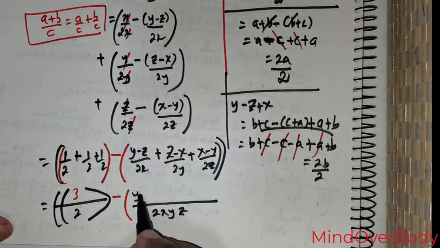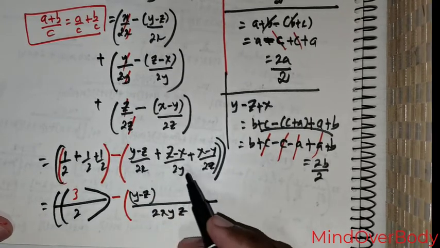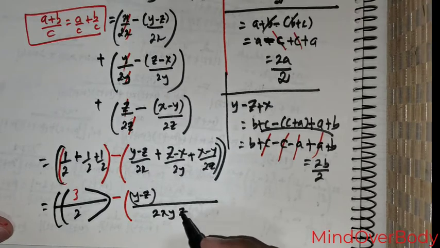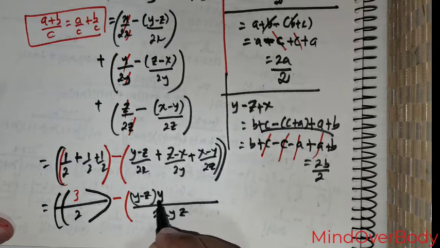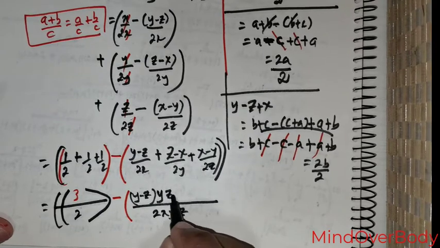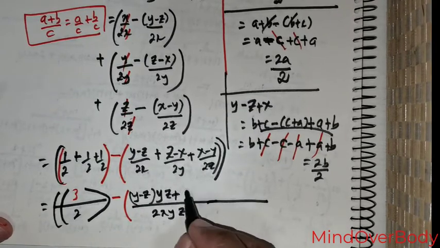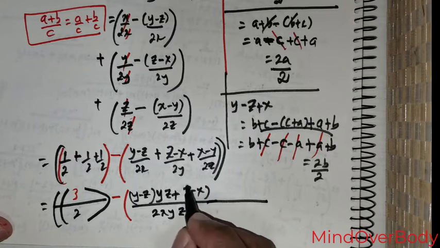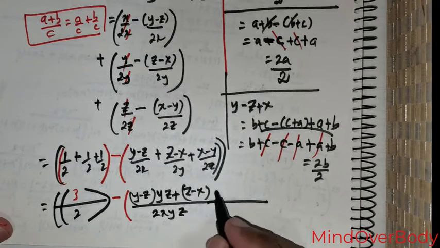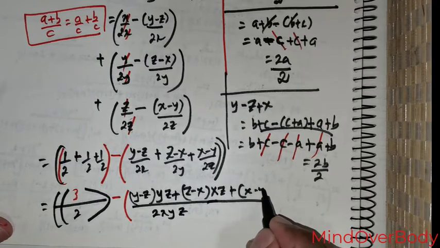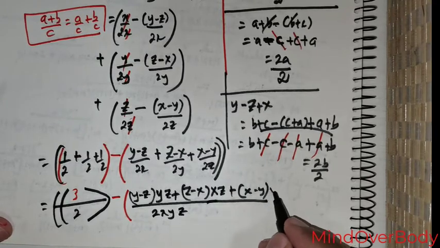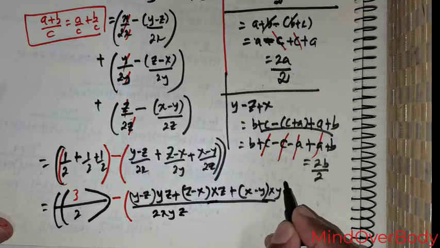So this is going to be y negative z times 2x gets cancelled, so y and z will be there. So you can just place y and z there. Positive, so this is going to be z negative x times x and z will be there. Positive x negative y, 2z is gone, x and y will be here. So this is what I've got.